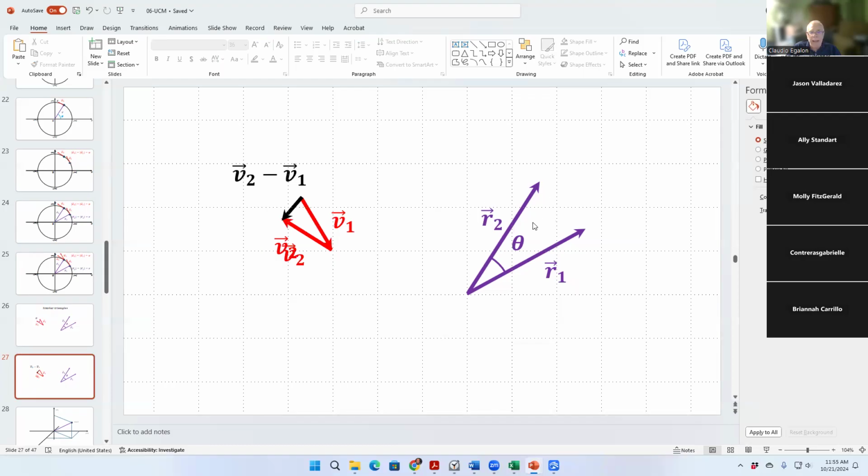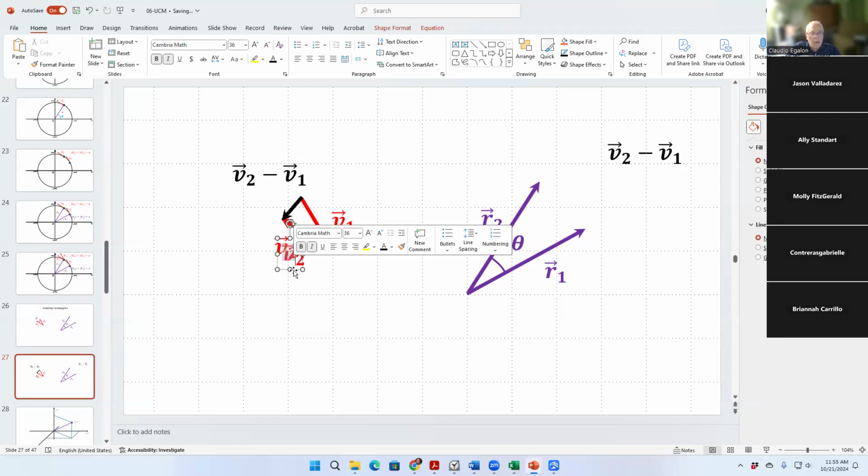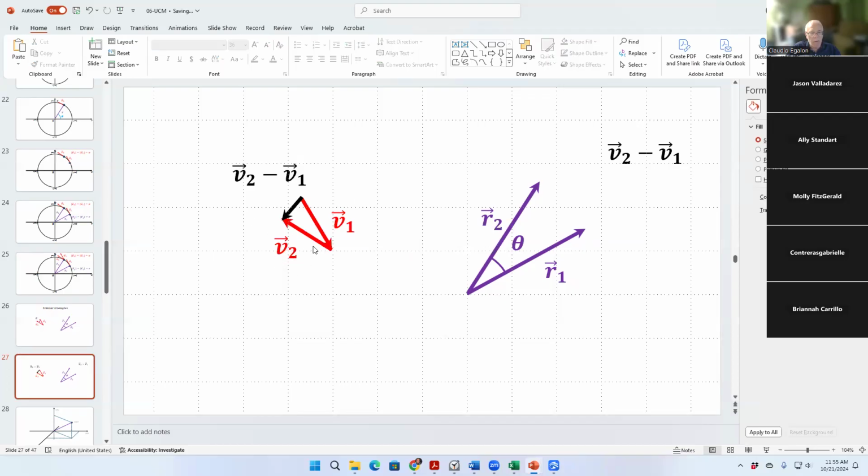And let's not forget that we also have this other vector. I'm going to use the black color as well. R2 minus R1.